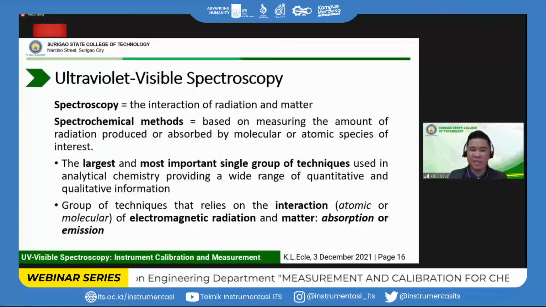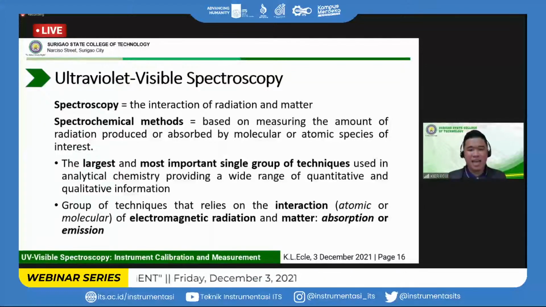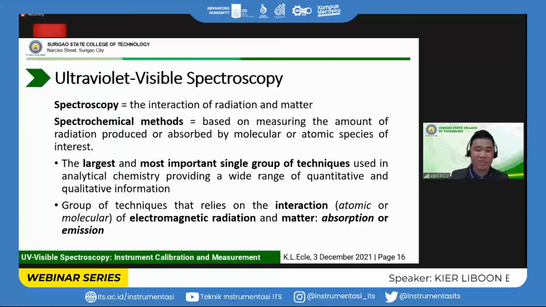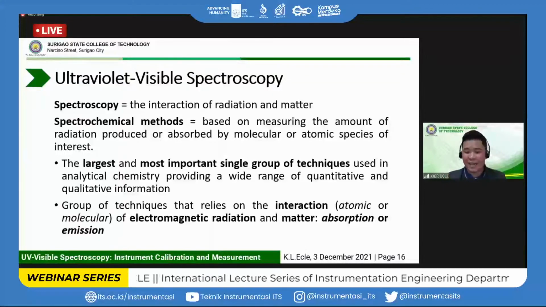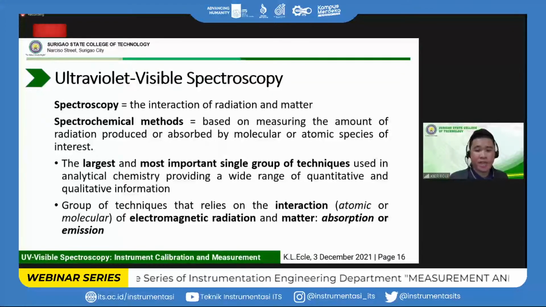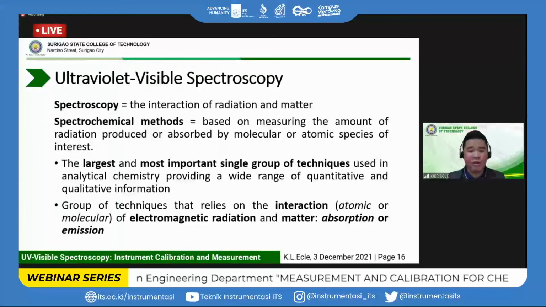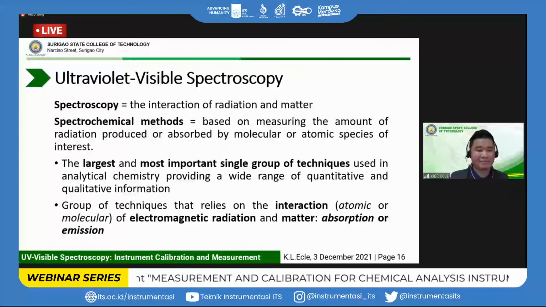It is a very important instrumentation specifically for chemical analysis, a group of techniques that relies on the atomic or molecular interaction of electromagnetic radiation, such as in NMR. It could be absorption or emission of this light.